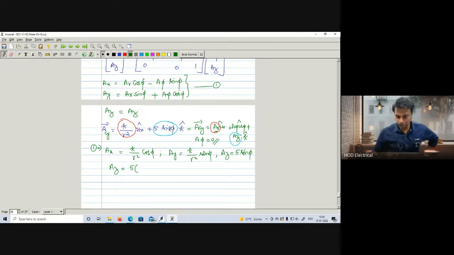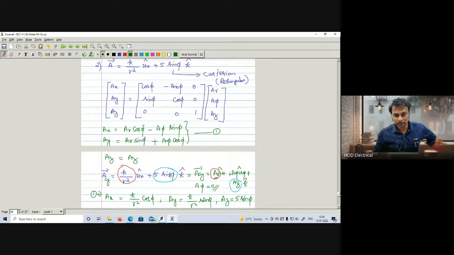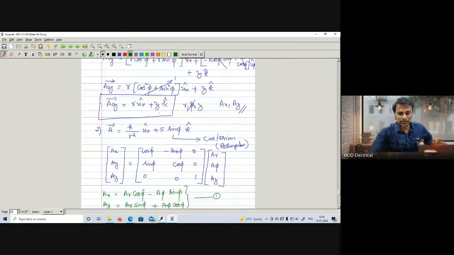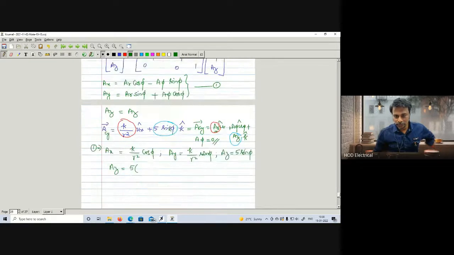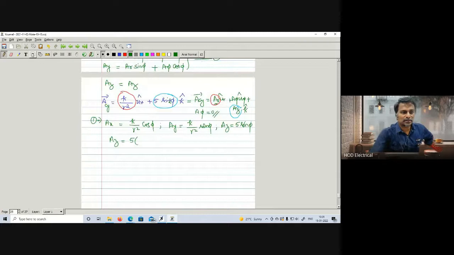No problem. Please correct it here, where we have written sin into 2 phi. So we have 5 into sin 2 phi.